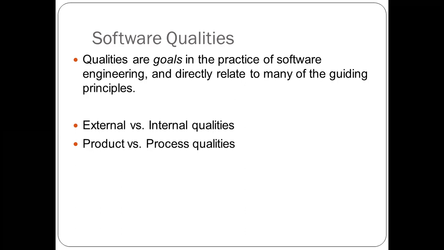Similarly, another thing is product versus process qualities. So how will we maintain the quality? First we will concentrate on the type or classification of the quality, so that we can maintain it at each and every level.